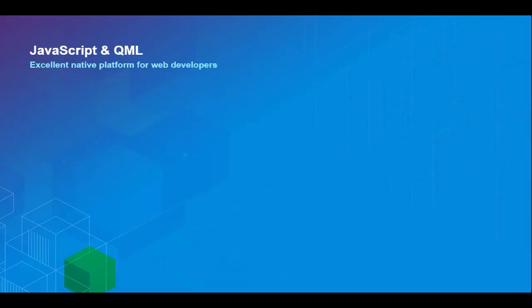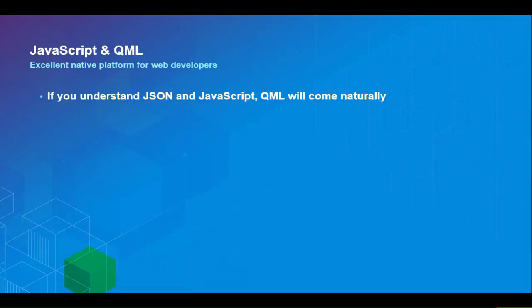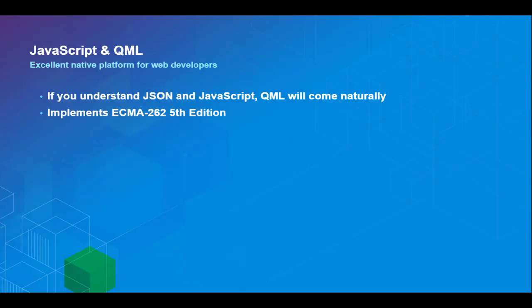So JavaScript and QML, I'll go over a little bit about this. I saw quite a few hands for JavaScript. If you understand JSON and JavaScript, QML is going to come naturally to you. We hear that over and over at the island when we're talking to a lot of you. It implements ECMA 262 5th edition. It means that you'll get access to Date, Object and Array, and a lot of those things.